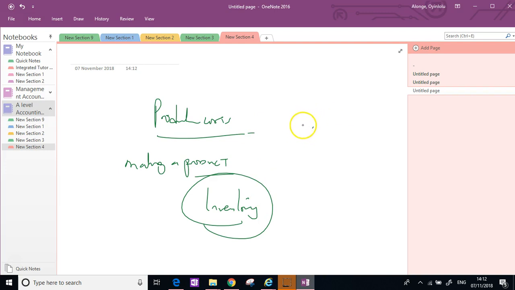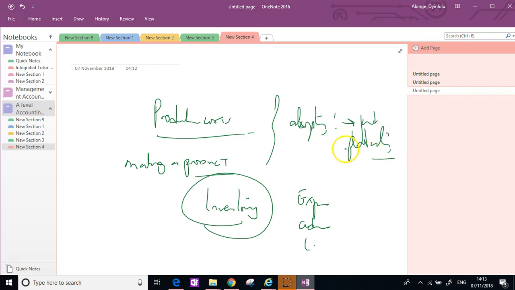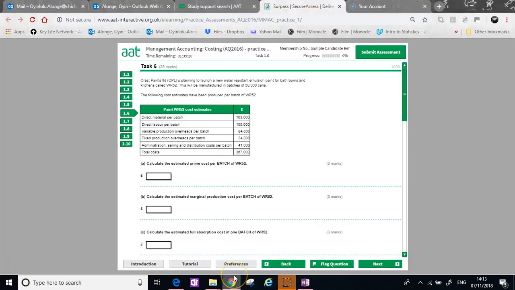So when we talk about absorption costing, we're talking about just production, because we just want to find out what the cost of making the product is. We include direct materials, direct labor, variable production overheads, and fixed production overheads. We don't include the admin, selling, and distribution in our analysis.